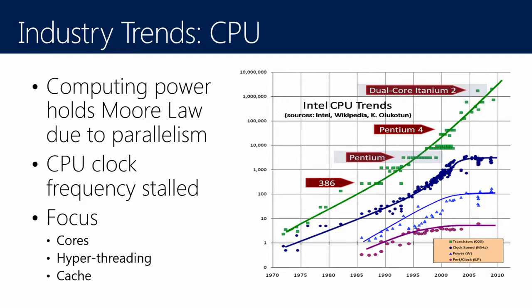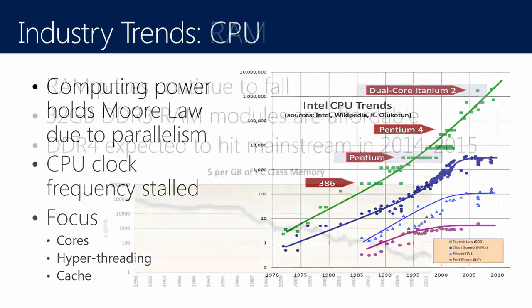We've got octa-core and deca-core processors coming out. Performance per clock cycle is starting to peter out, so we're concentrating on more cores, larger caches, Intel's hyper-threading architecture, etc.